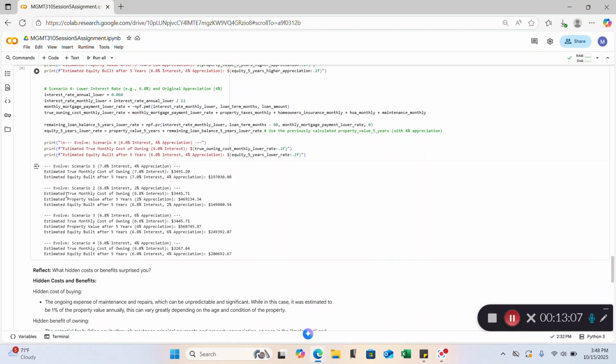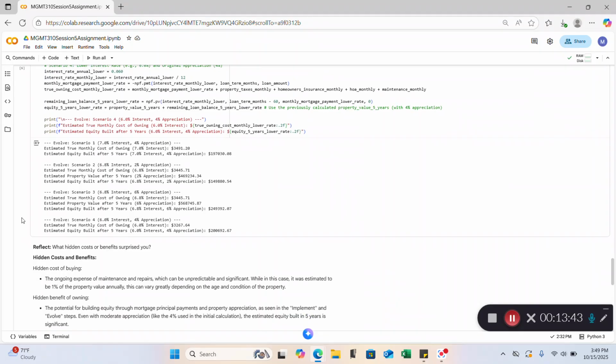For that second scenario, we can take a look at the estimated true monthly cost of owning being 3445.71, and our estimated property value after that 5-year period, keeping in mind this is with a 2% appreciation, sits at $469,234.34. And our estimated equity built after that 5-year period, with the 6.8% interest and 2% appreciation, is $149,888.54.